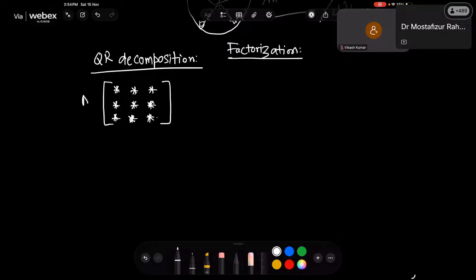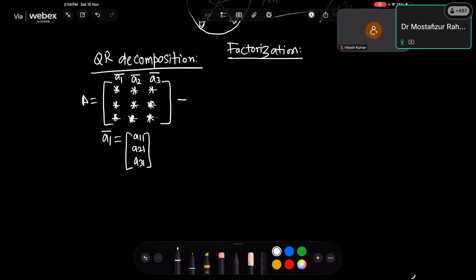Suppose this matrix is A, and A has, say, 3 column vectors, A1 bar, A2 bar, and A3 bar. For example, A1 bar has the elements like this: A11, second row A21, and A31, and so on.